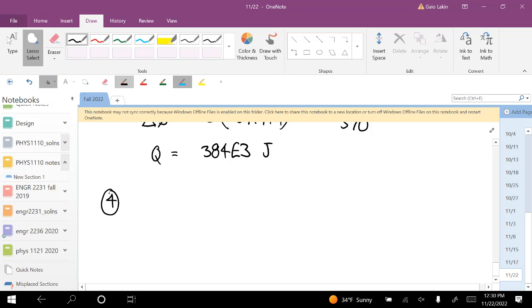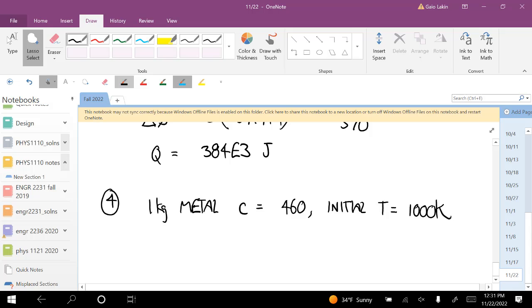And number 4, we've done a couple examples like this. There's 1 kilogram of metal with a specific heat of 460, and it has an initial temperature of 1000 Kelvin.